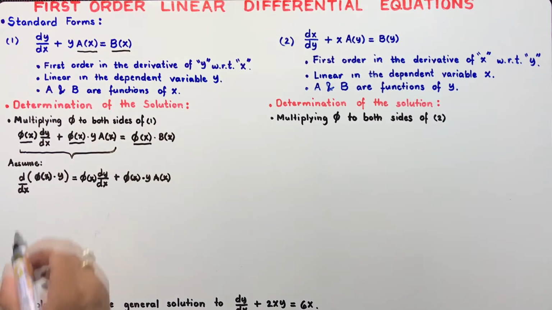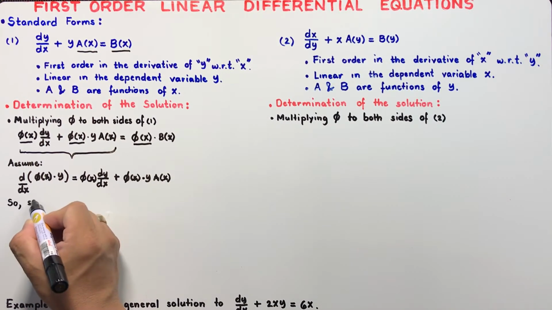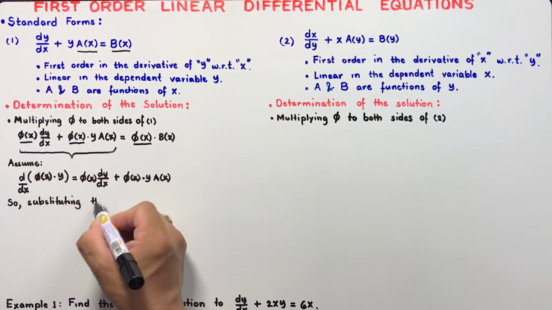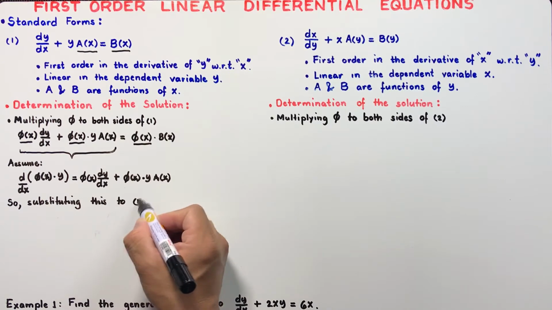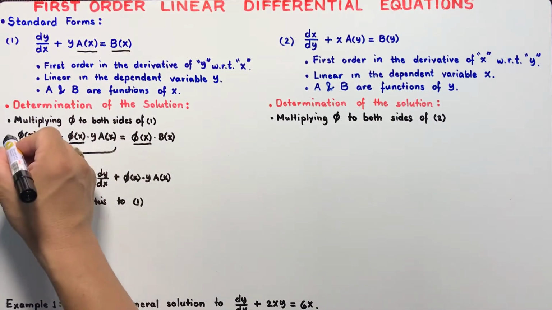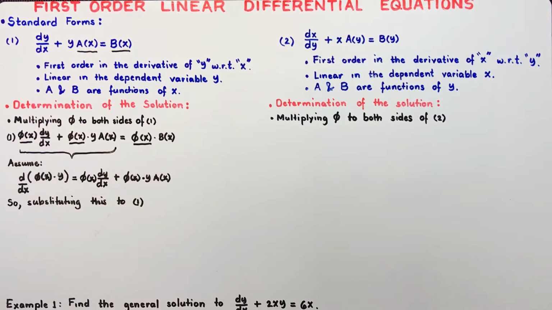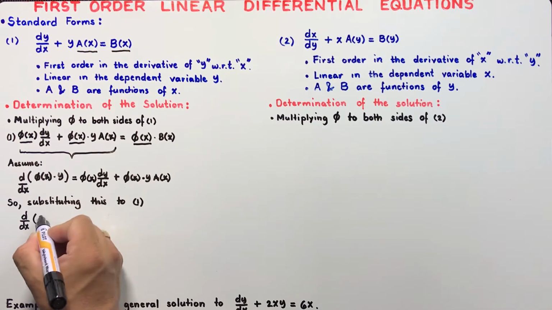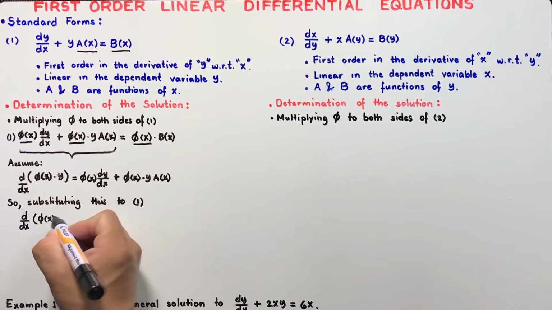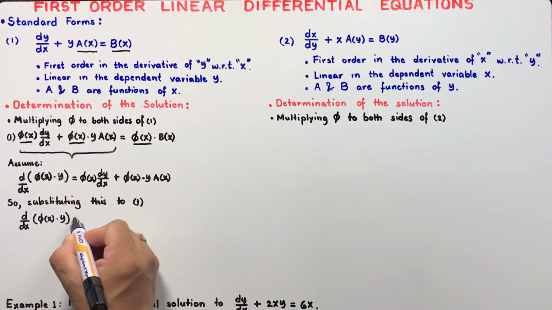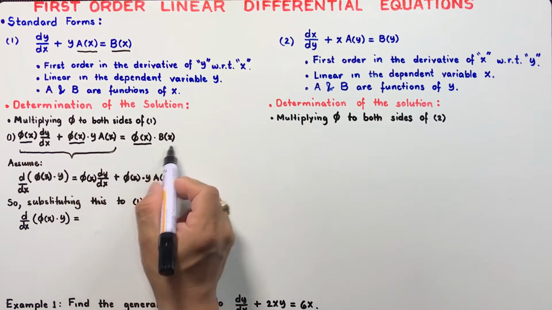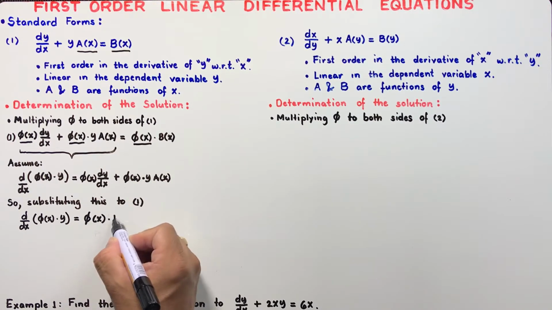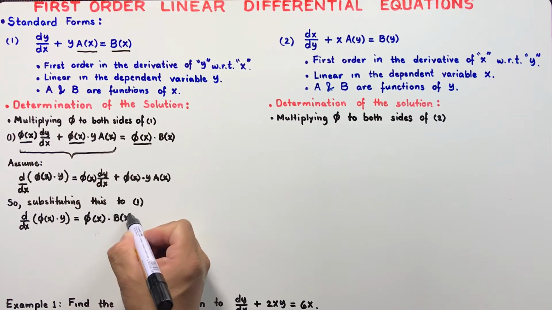So substituting this to our equation 1, we have the derivative of phi of x times y, which is equal to phi of x times b of x.